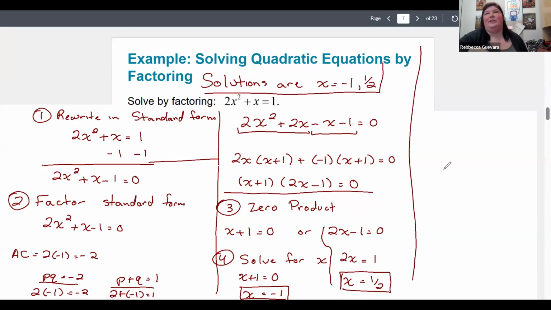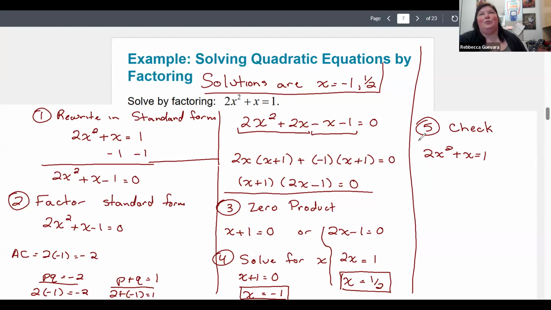Just a reminder, before we're even done, this is something we sometimes skip over, but you should check to make sure those answers do work. What you want to do is check with the original equation, before I started messing with anything, because if I made a mistake when I wrote it in standard form, my solutions might say that I'm right, but I'm wrong.